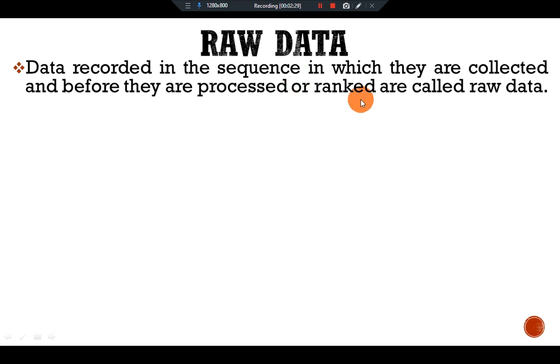Data recorded in the sequence in which they are collected and before they are processed or ranked are called raw data. Let's discuss raw data with the help of some numerical examples. Here we have information on the ages of 50 students selected from a university.